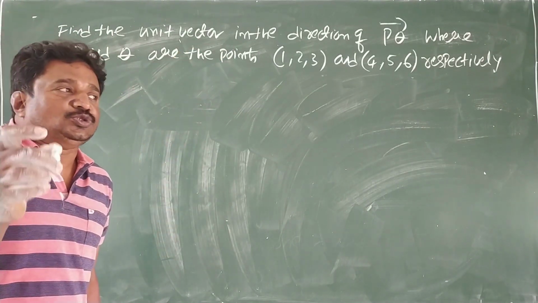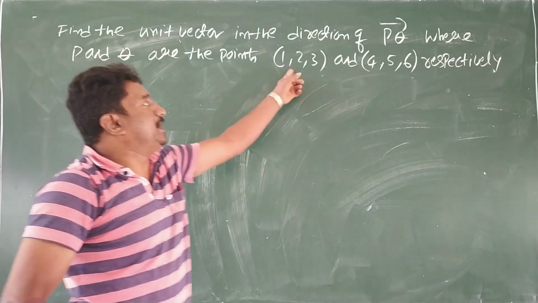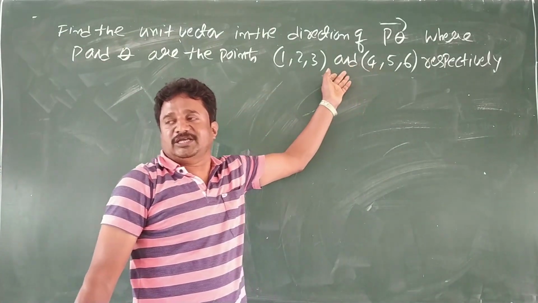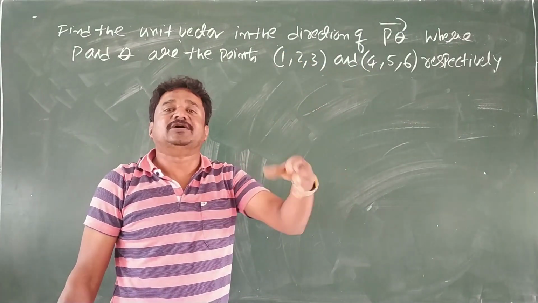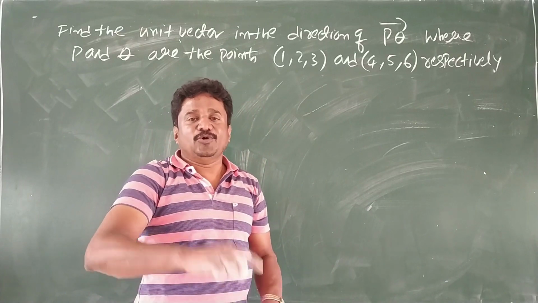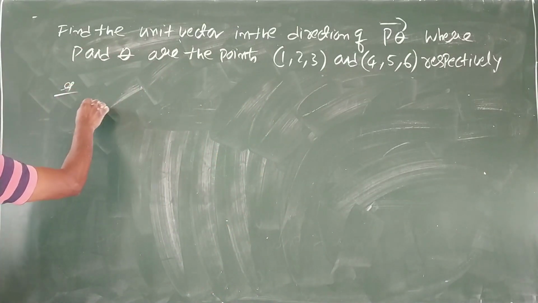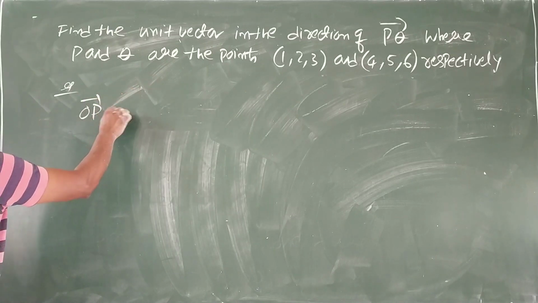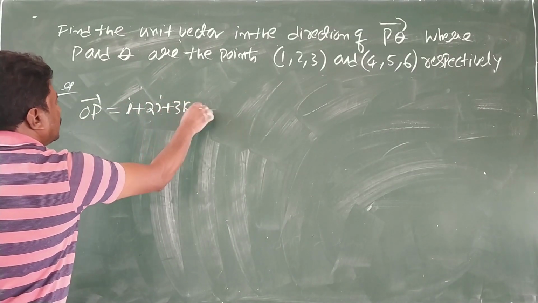First, you have to calculate vector PQ. Point P given, point Q given. Whenever points are given, how do you change them into vectors? Using PVs. Solution: vector OP is i plus 2j plus 3k.